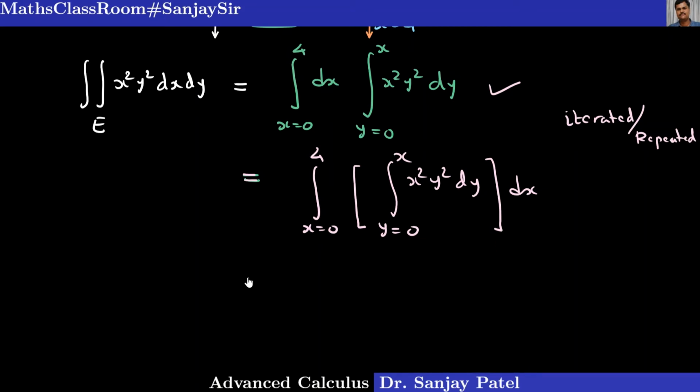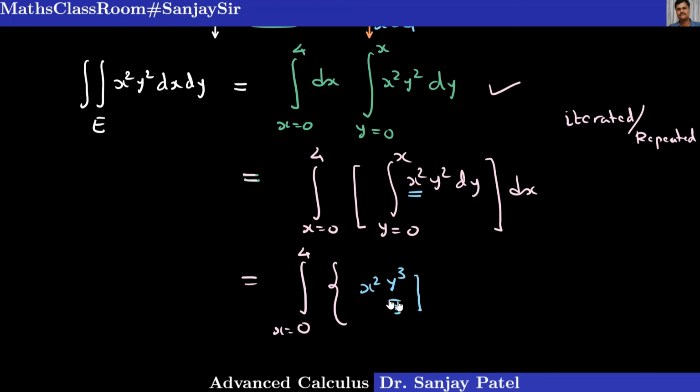Now we integrate with respect to y first. So this is x equal to 0 to 4. And you know that when you integrate with respect to y, the variable x is constant. So we keep this fixed, and the integration of y square is y cube upon 3.